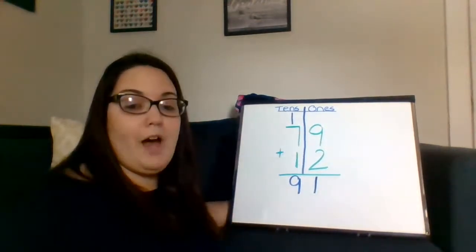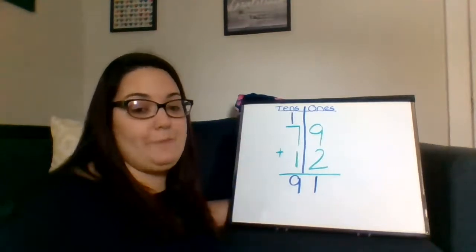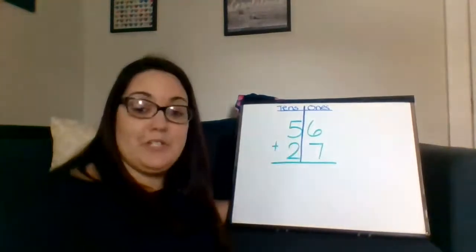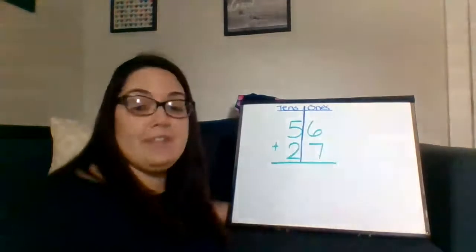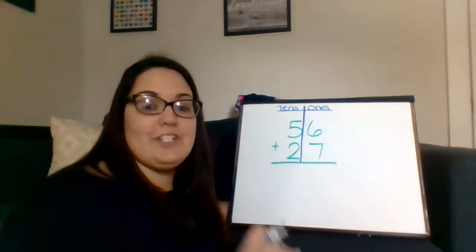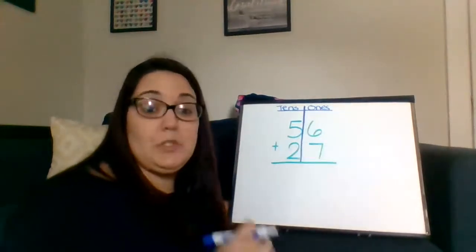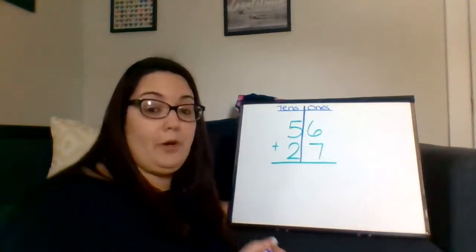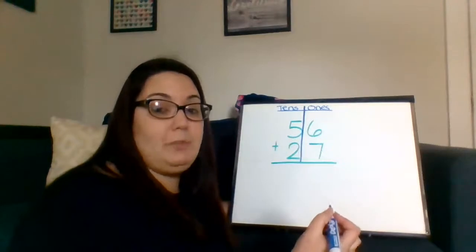Let's do one more problem with regrouping using the standard algorithm. Our last problem is 56 plus 27. First I add up my ones. My ones are 6 plus 7. 6 plus 7 equals 13. 13 is a two-digit number with a 1 in the tens place and a 3 in the ones place.